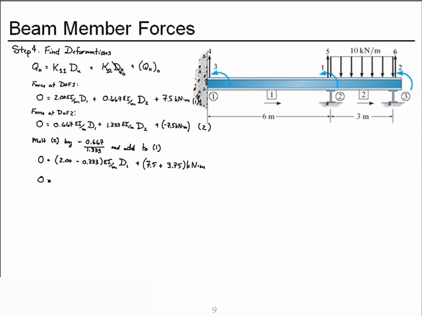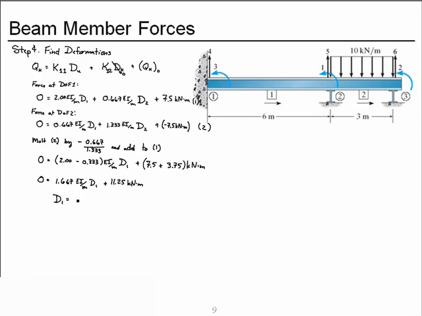So if I evaluate each of those expressions, I have a 1.667 EI over meters times deformation 1 plus 11.25 kilonewton meters.